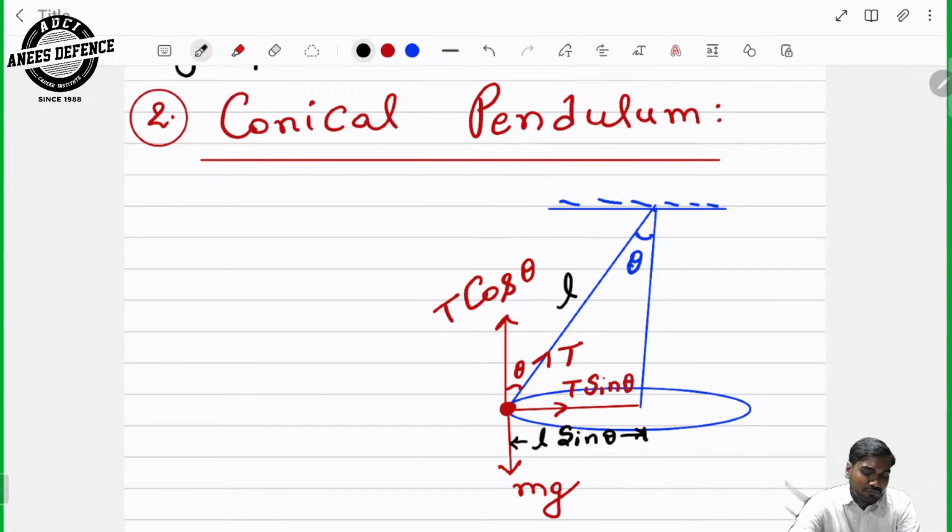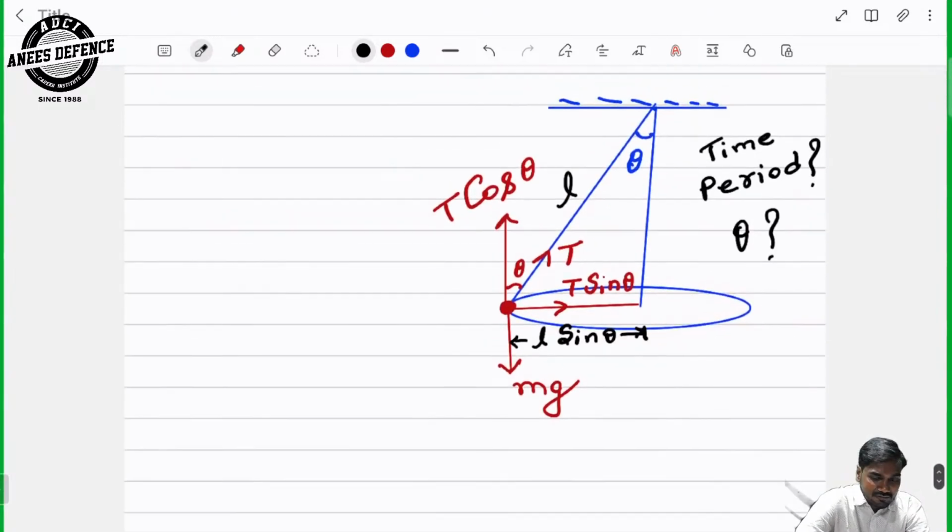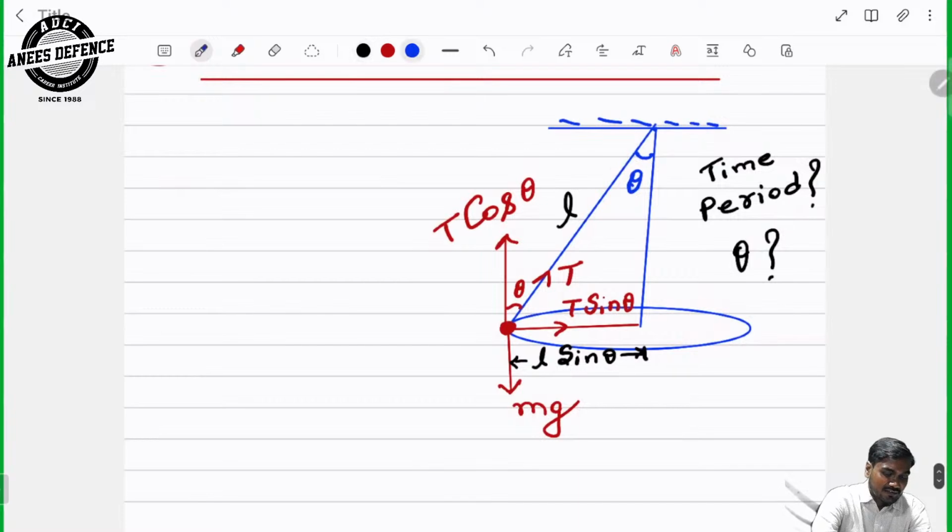So we have to calculate two quantities: time period and angle. Just apply that trick.